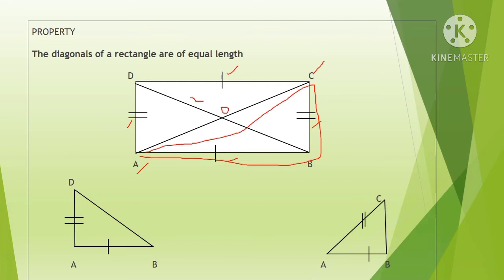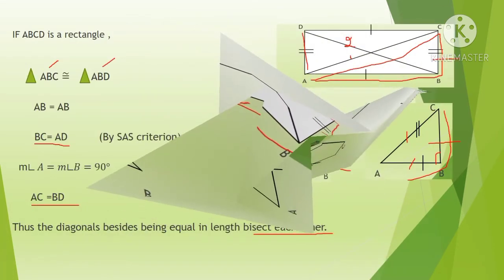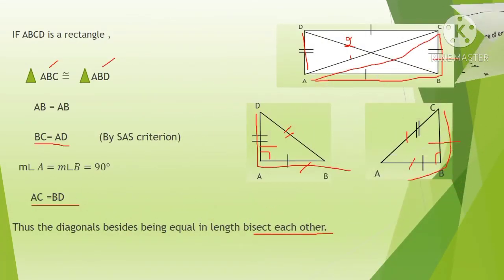Now let's see the proof. How are we going to prove this? So now we are going to prove that the diagonals of a rectangle are equal. Look here, we have drawn a rectangle, then we have drawn the diagonals. What are the two diagonals? AC and BD.